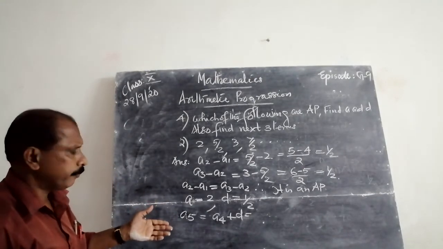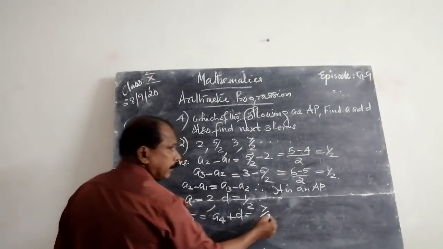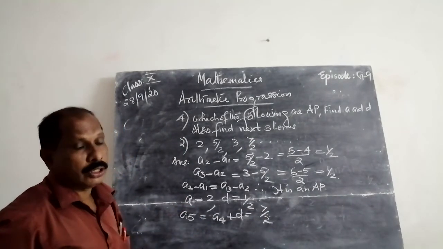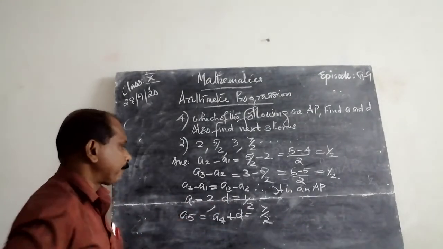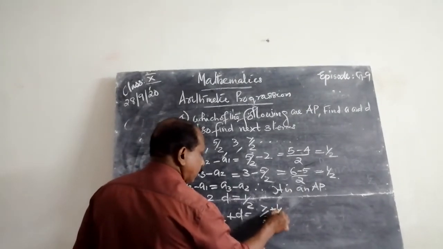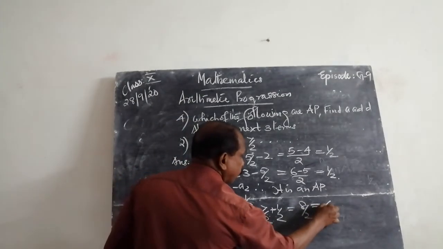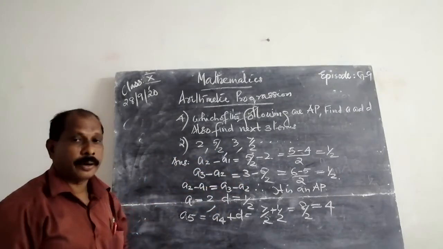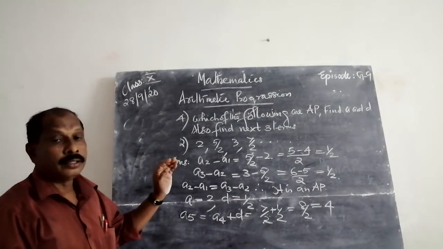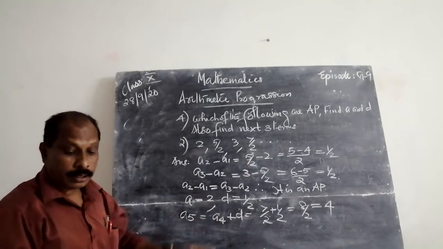A4 is 7 by 2. There are two methods. One is A5 is equal to A plus 4D, or otherwise A5 is equal to A4 plus D, that is 7 by 2 plus 1 by 2. That is 7 plus 1, 8 by 2, is equal to 4. That means the terms are 2, 3, 4, etc. Some terms are natural numbers and some terms are fractions.